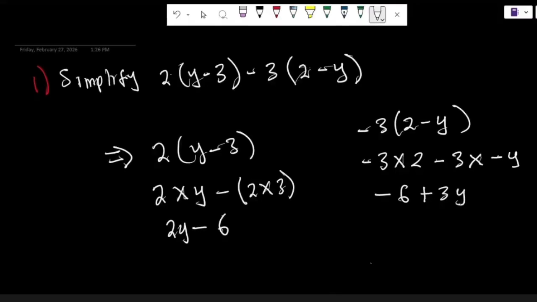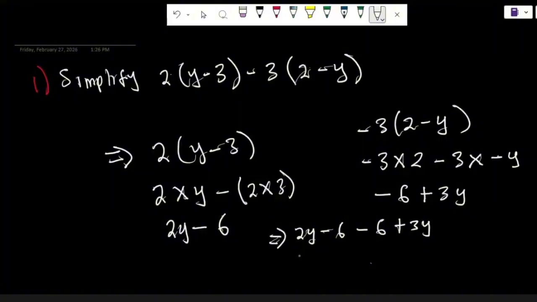When we reach this stage, all we have to do is combine the two. So this is going to be 2y minus 6 minus 6 plus 3y. And then we can collect the like terms because here we have 2y, here we have 3y. These two can go together.